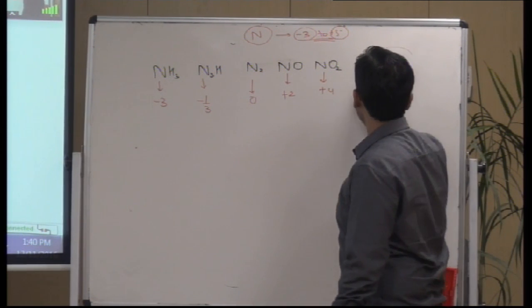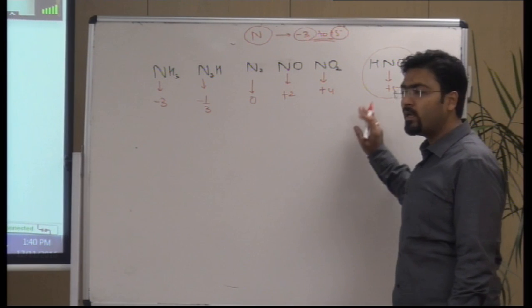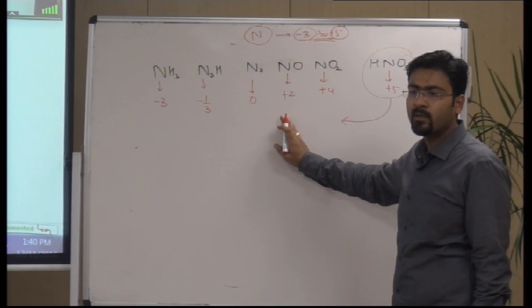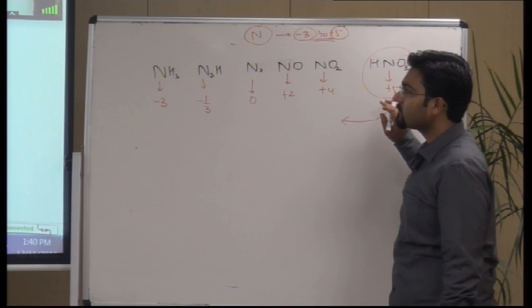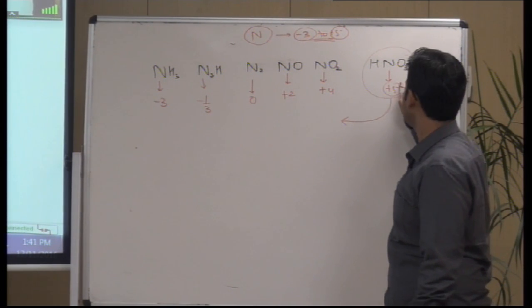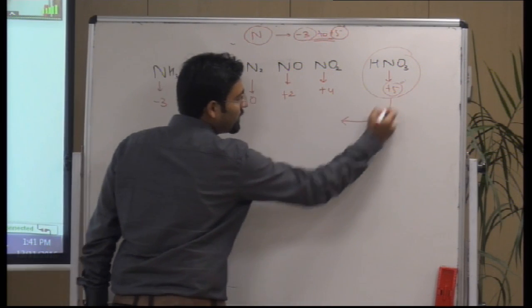So nitrogen in +5 cannot increase its oxidation state. It will only have a tendency to reduce its oxidation state to a lower value. If it has only +5 as the oxidation state, which is the highest value, it will only decrease.